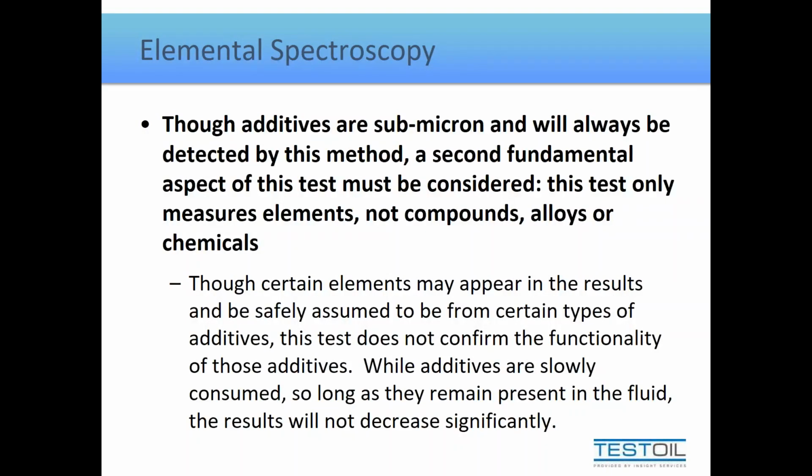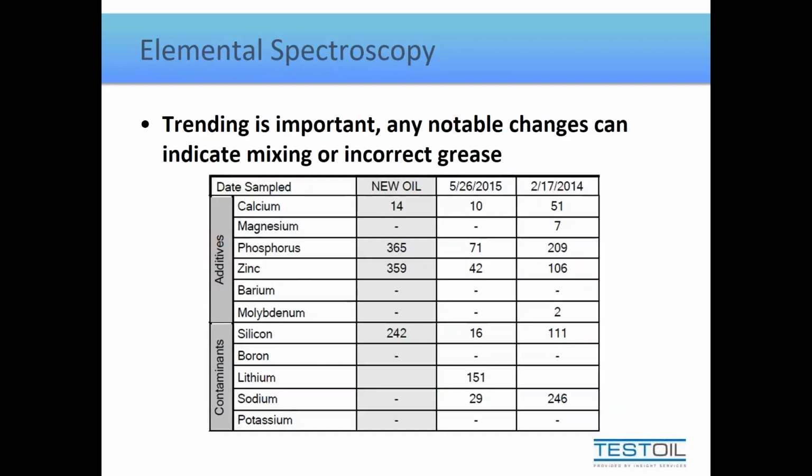So try not to take a steady value as an indication that all things are good. It may still be a degradation process occurring, so keep this in mind. And that's why we say when it comes to interpreting the elemental spectroscopy results, trending is your most important aspect.